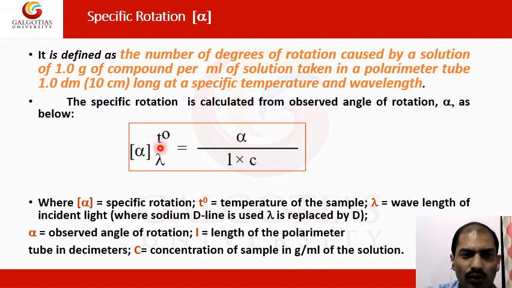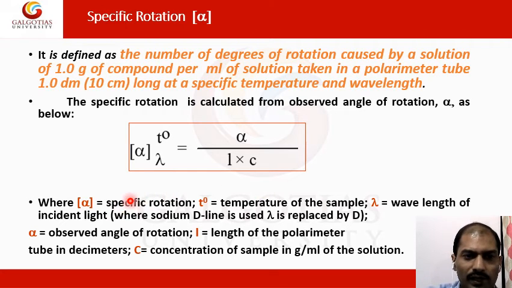As you know, this is the relationship for specific rotation with respect to lambda and temperature t in degrees. Here that is alpha upon lc.